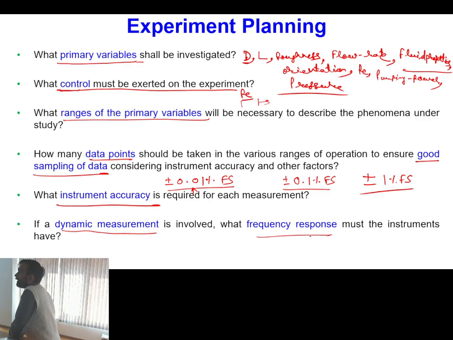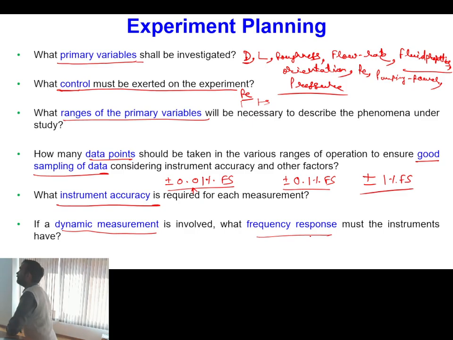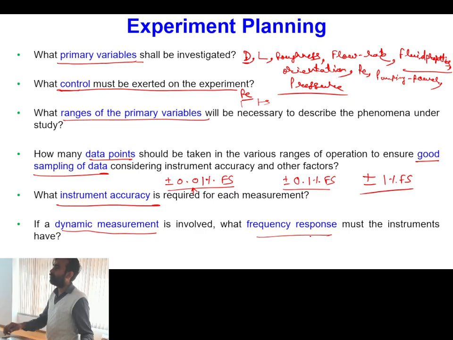But there can be certain scenarios, say if you also have to determine the oscillations or fluctuations in the pressure which happen during the developing flow condition. So under this scenario what will happen? Whenever you switch on the pump, flow will start coming, and say in 5 or 10 seconds it becomes fully developed, and you want to capture whatever the variation of pressure is during those 10 seconds.